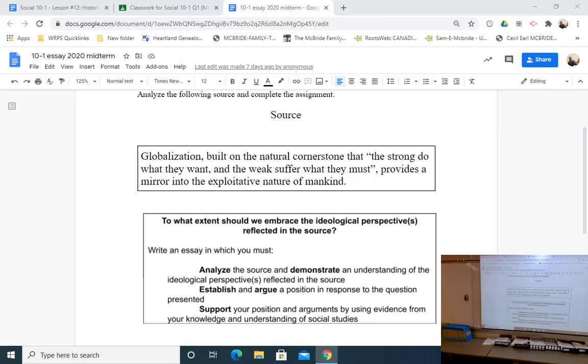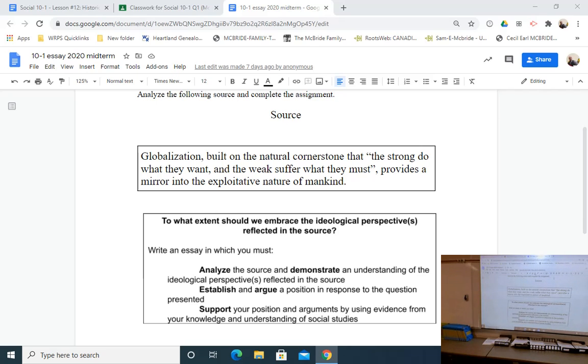The analysis of source is what some outside of social studies would call the introduction. But it's more than an introduction, because there's a step we have to do, which is to actually break down the source. We're analyzing the words within the source, breaking them down. So: globalization built on the natural cornerstone.